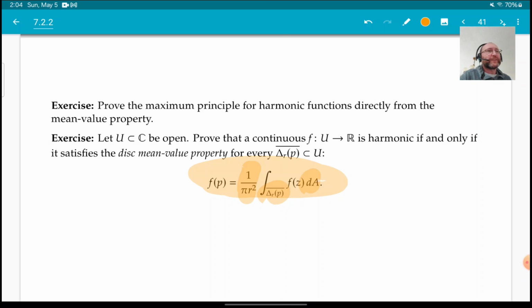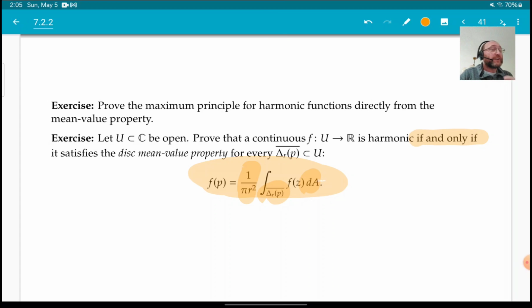One other note about this: in the book as it currently stands, it's only if. Really, you should just prove if and only if, because that actually makes the exercise somewhat easier to do, even though it's a little bit more work. You sort of understand the relationship if you do an if and only if. I will change it in the next version of the book. It's going to be an if and only if.